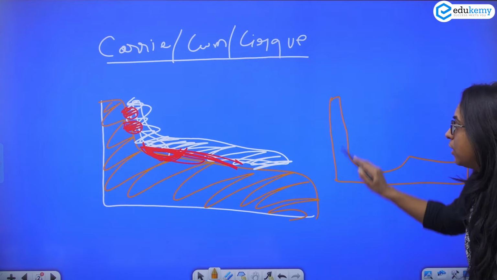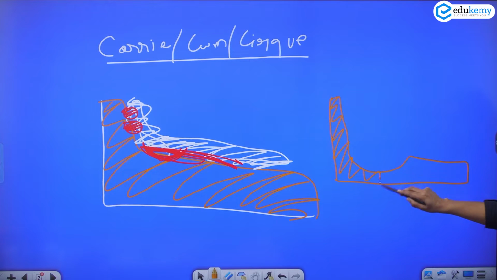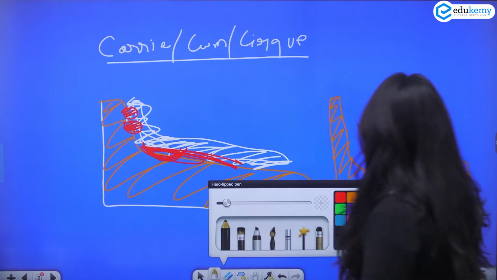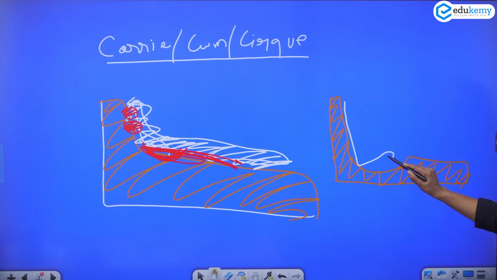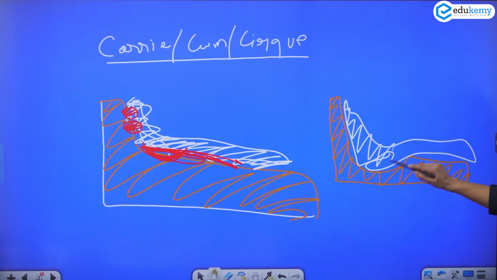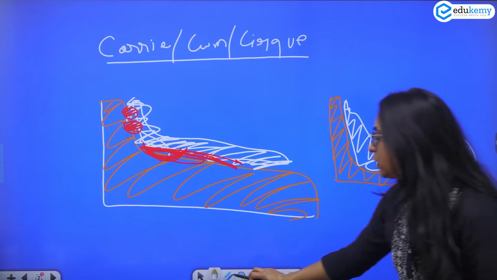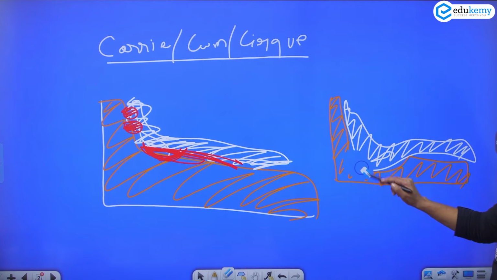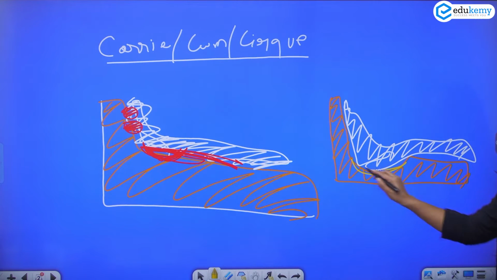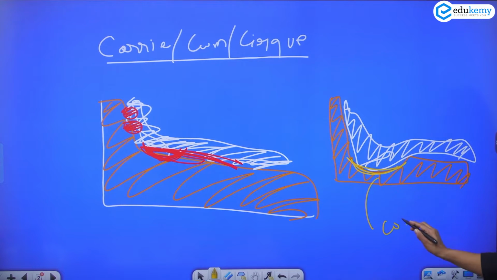This becomes the bedrock because of the abrasion and plucking. Now this is the movement of the glacier. Now over the time the ice will melt. This depression is called as cori.